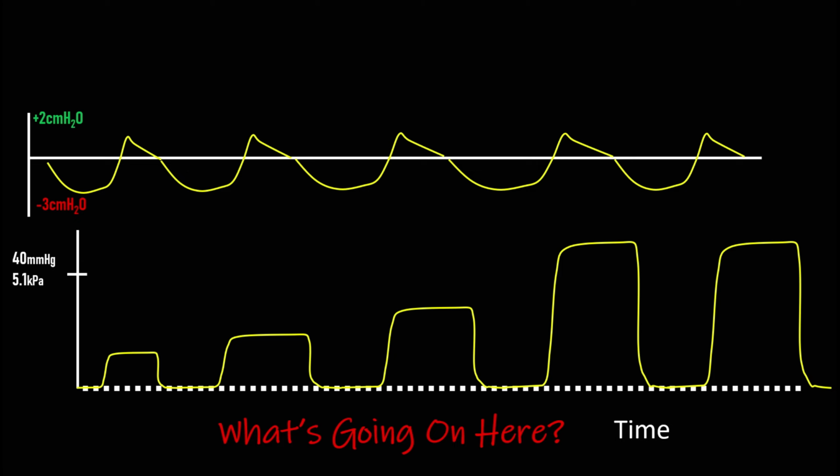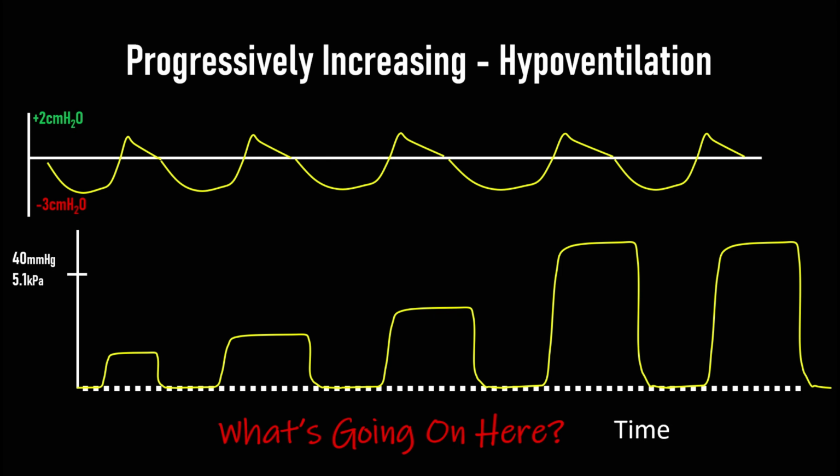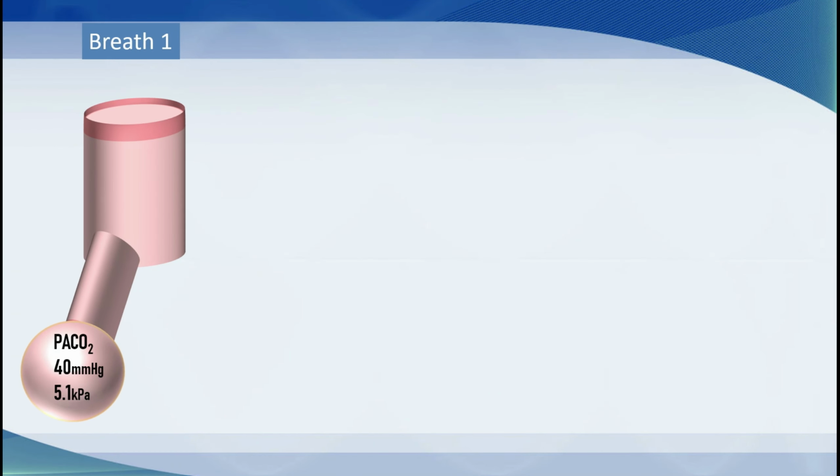Let me explain the mechanism of CO2 accumulation in this setting. In the first breath, the PaCO2 in the alveoli is normal. It's 40 millimeters of mercury or 5.1 to 5.3 kilopascals. But the dead space CO2 is relatively low. It's 20 millimeters of mercury or 2.6 kilopascals.